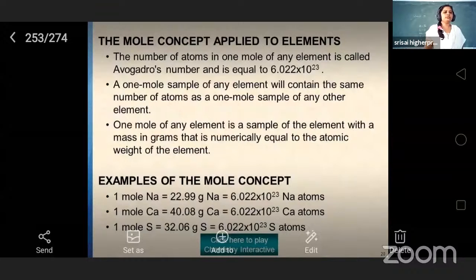So how do we convert atomic number to atomic mass? The number of atoms in 1 mole of any element is called Avogadro's number and is equal to 6.022 into 10 raised to 23. This is the constant, Avogadro's number, we use to find the atomic mass.